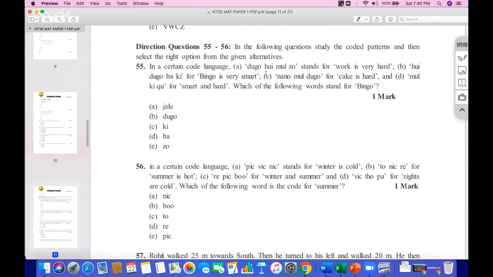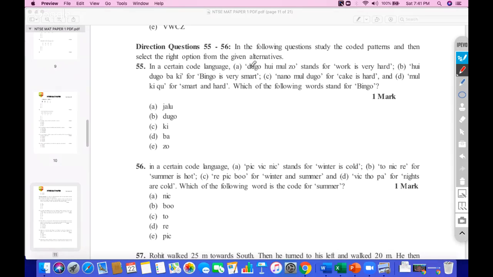So let me check it. 55 answer is actually D. So it says that Dungo Hui Muljo, wonderful name. I just love these questions, just for the sake of we have this kind of names. So Dungu Hui Muljo works very hard.